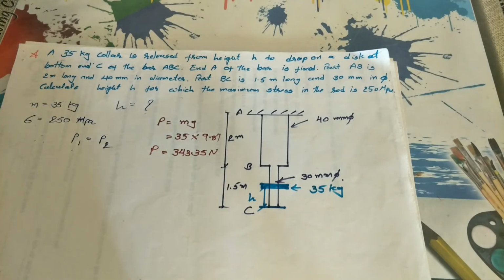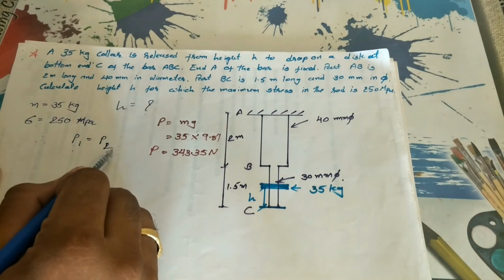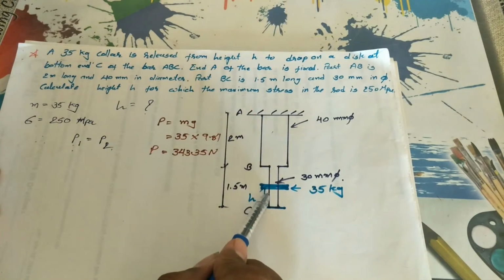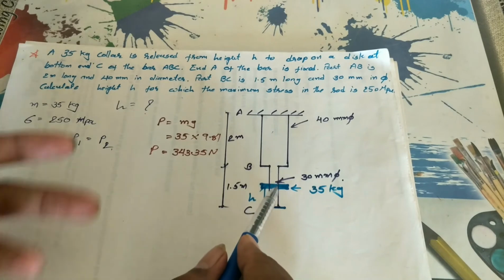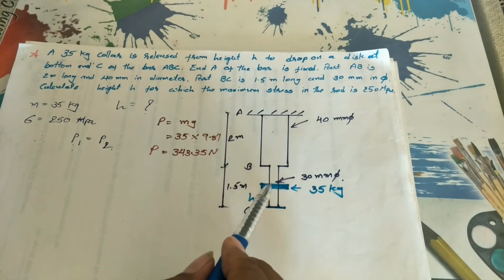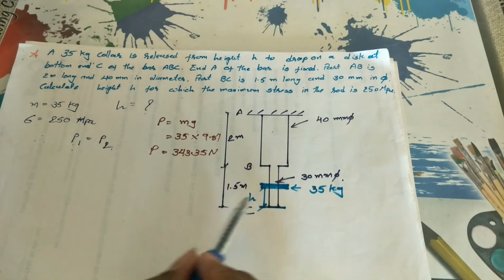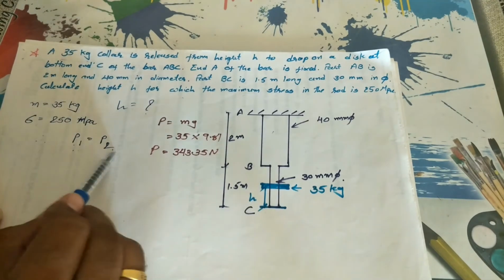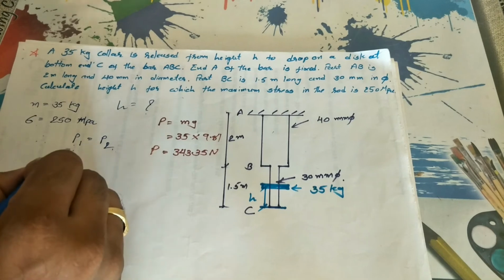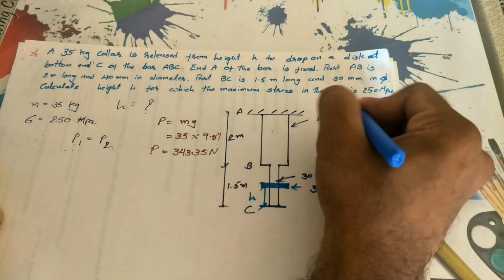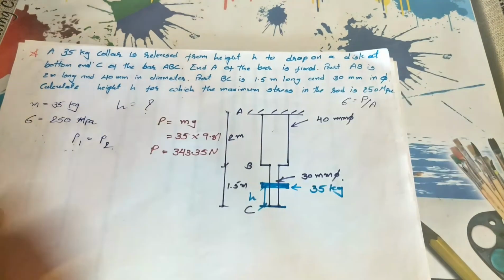Now P1 equals P2, as we consider that the two bars are in series and the load on each bar will be the same. Let us consider P1 equals P2. We know the formula, stress equals P by A, so we'll apply that.